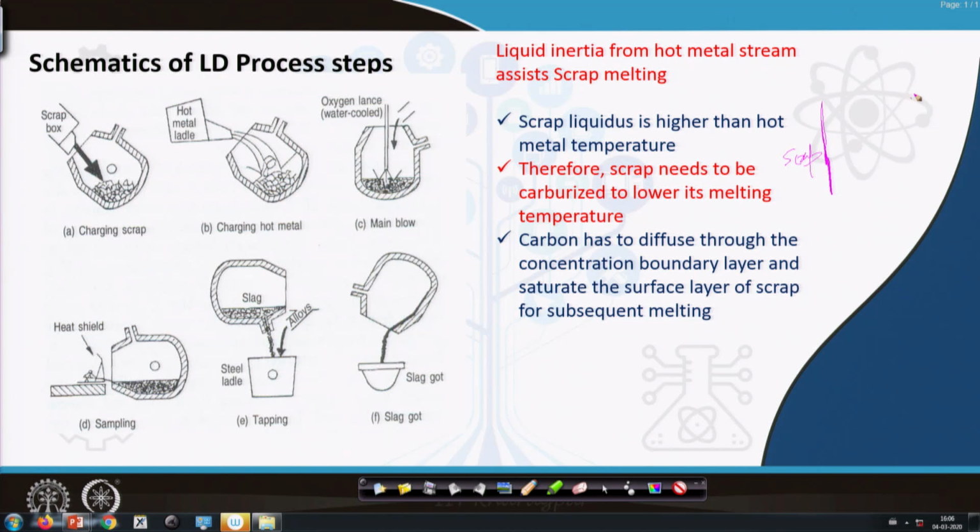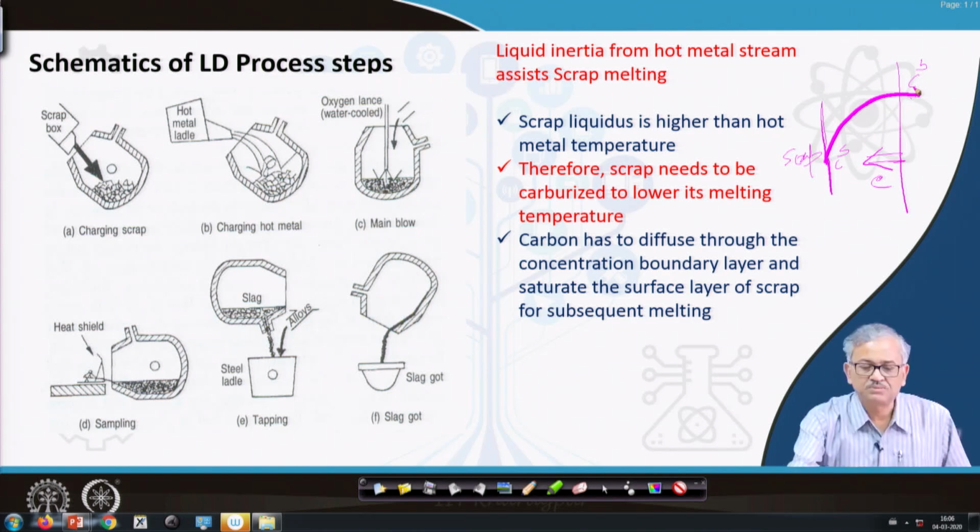So, the carbon in the bulk is higher and the carbon at the surface is lower. This is called the concentration boundary layer, and carbon is basically diffusing through here.